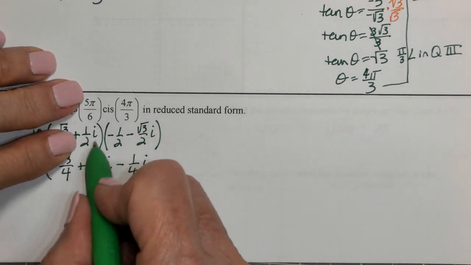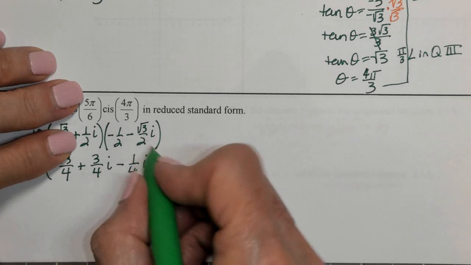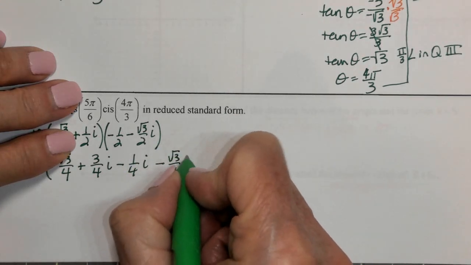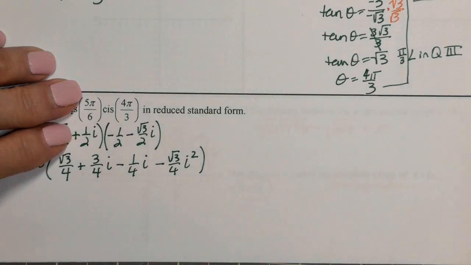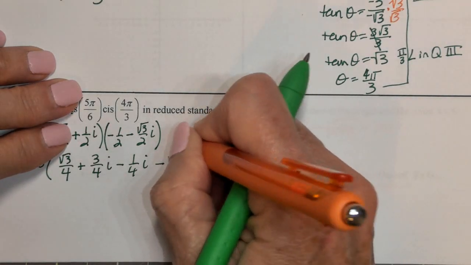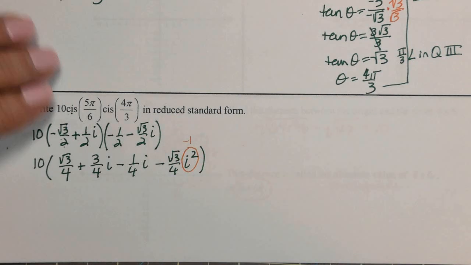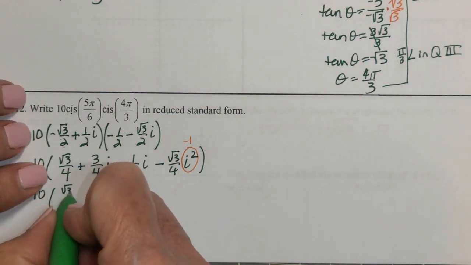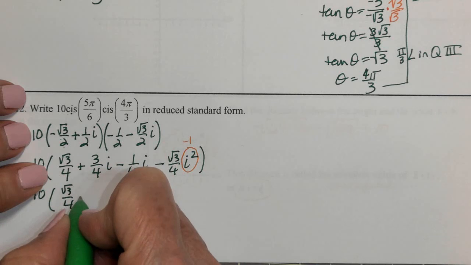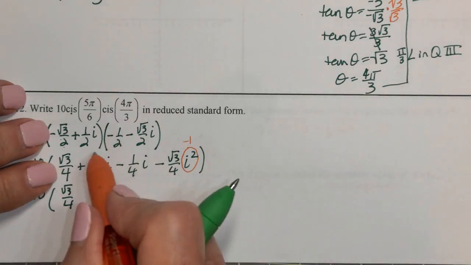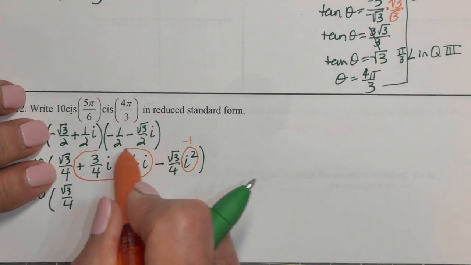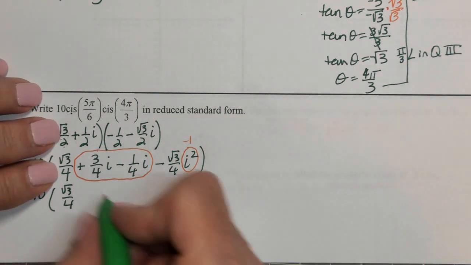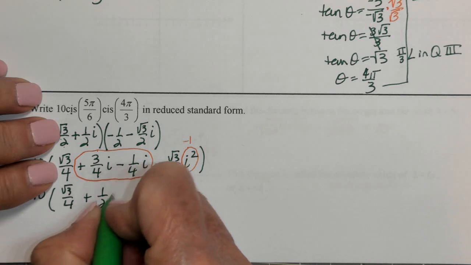And then 1/2 i times a negative square root of 3 over 2 i is a negative square root 3 over 4 i squared. Once again, I have that i squared that's going to change this sign to a positive. I have 10 times square root 3 over 4. I'm going to combine these two i terms. Okay, that'll be positive 2/4 i, which is positive 1/2 i.